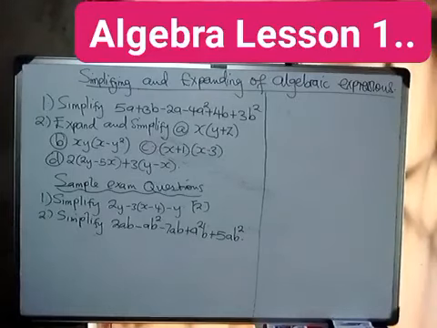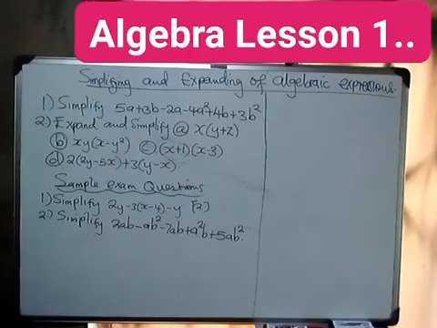So we have question number 1 where we are told to simplify 5a plus 3b minus 2a minus 4a squared plus 4b plus 3b squared. As we were told last time, when you have terms, you must look for like terms and also unlike terms.